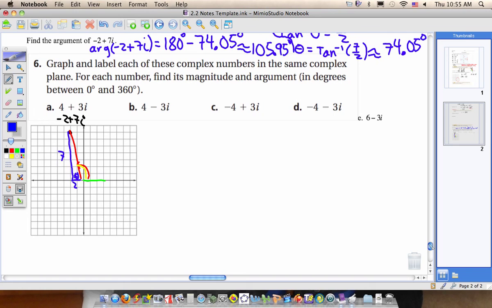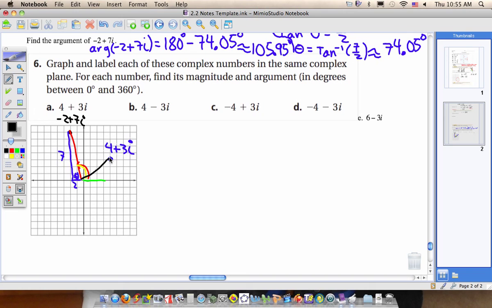Let's look at A together, and then I'll have you work on B through D with your partners. So we're going to plot 4 plus 3i. I like to graph these. 1, 2, 3, 4. So here's 4 plus 3i.